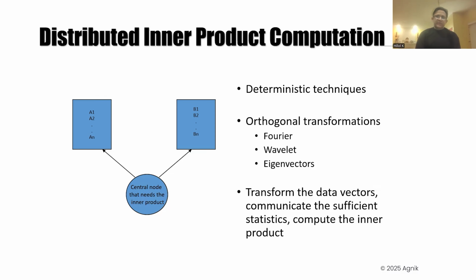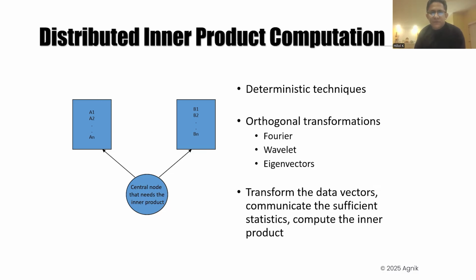For example, if you're dealing with time series data, you may want to consider orthogonal transformations that preserve inner products, like Fourier, wavelets, eigen decomposition. Fundamentally, you have to pick a representation in a basis set where the salient features in the data are extracted. For example, you compute the Fourier transformation of A1 through An, pick the significant Fourier coefficients, and send those to the other side.